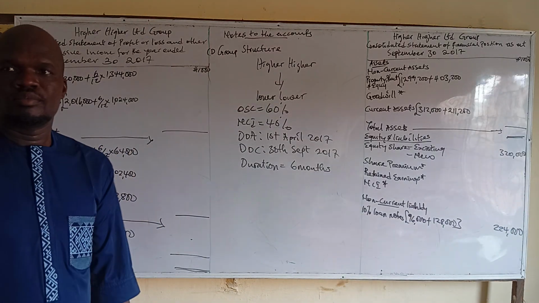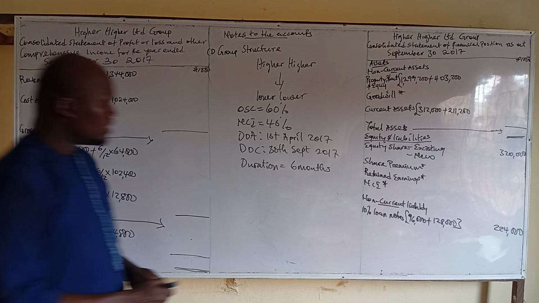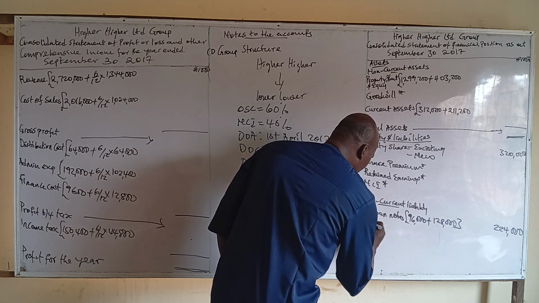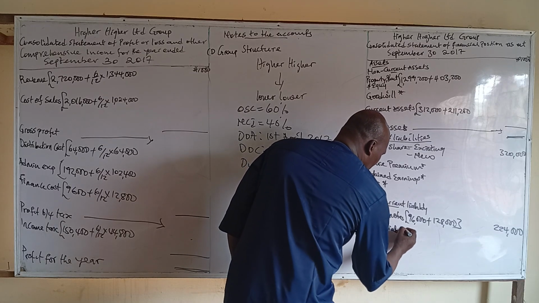Any other line item? Current liabilities. Any breakdown? No. Current liabilities, so open a bracket.